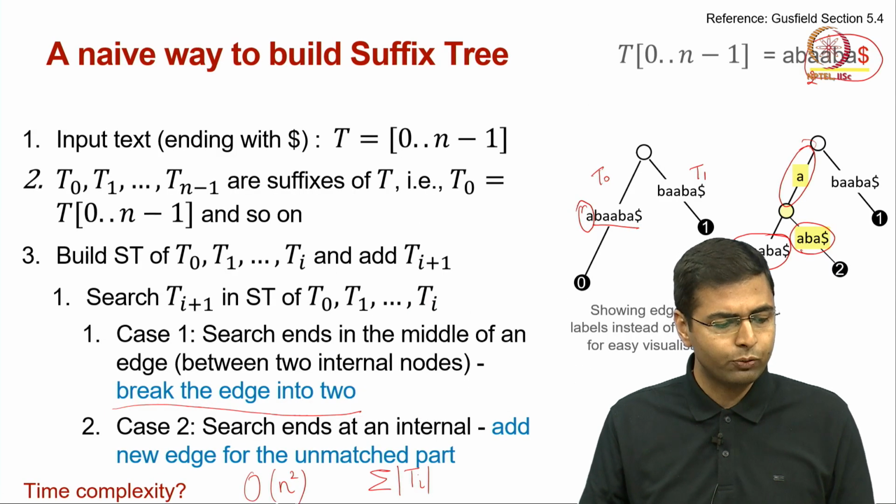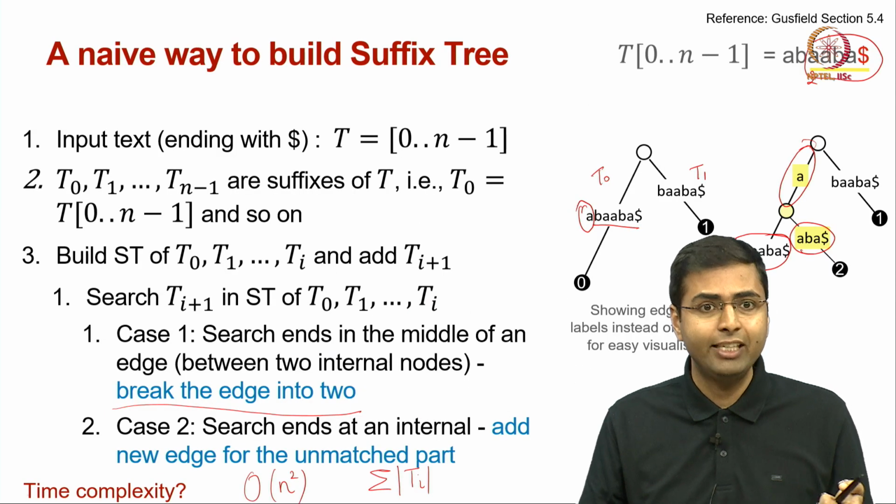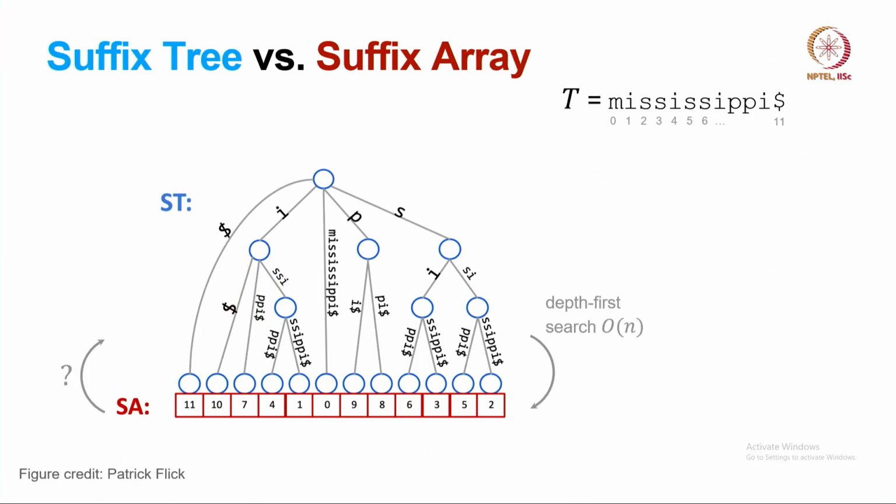Instead of the order n squared algorithm here, which is very slow, we will first build the suffix array using prefix doubling, which takes only n log n time, and then process the suffix array to get the suffix tree out of it. That we will discuss in the next lecture.